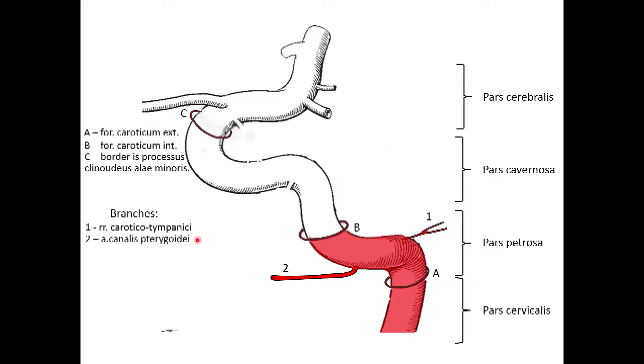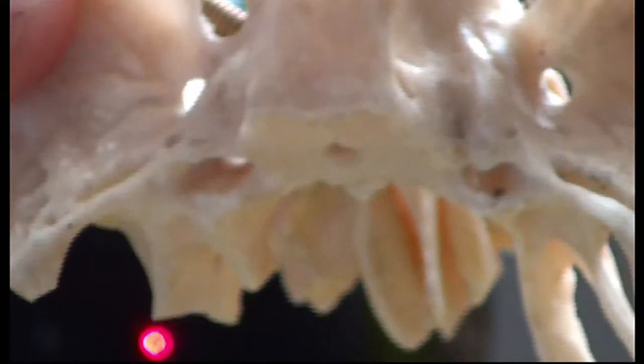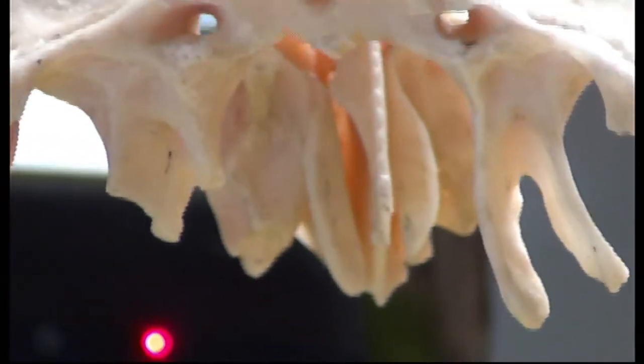What is it? It's Arteria canalis pterygoidei. Again, to find it, we shall return to our specimen. I want to remember this sphenoidal bone.